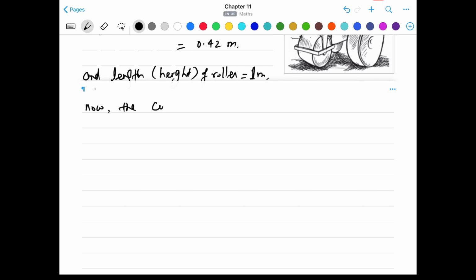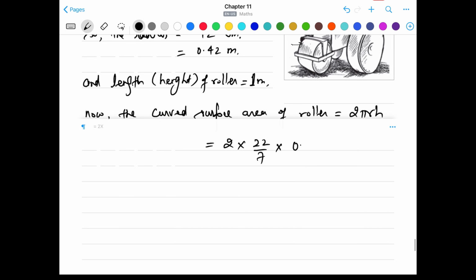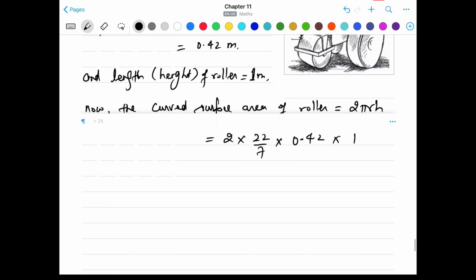Now the curved surface area of the roller is given by the formula 2πrh. That is, 2π is 22 by 7, r is 0.42 and h is 1.